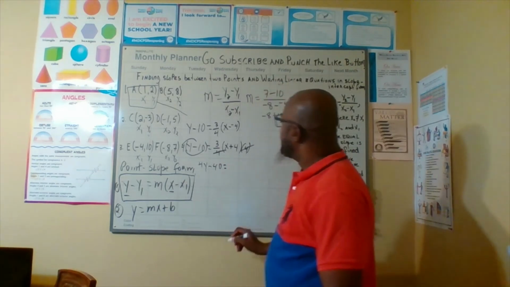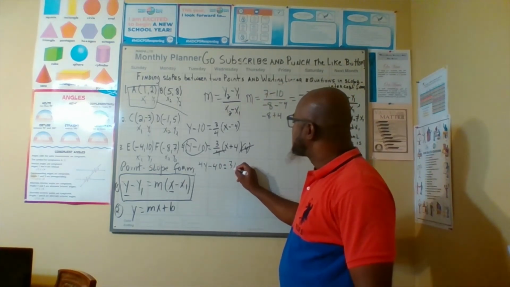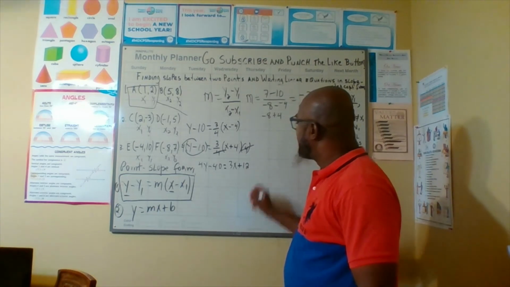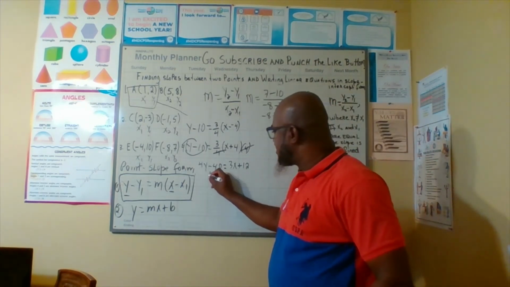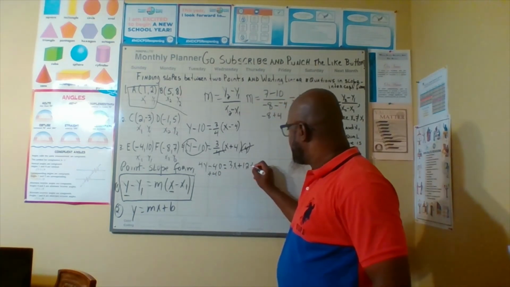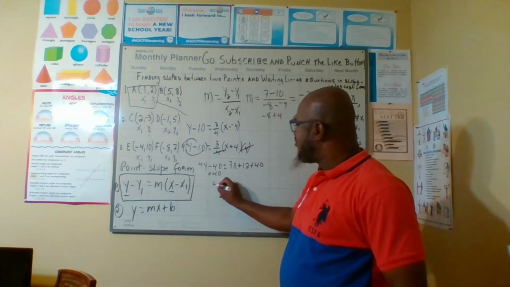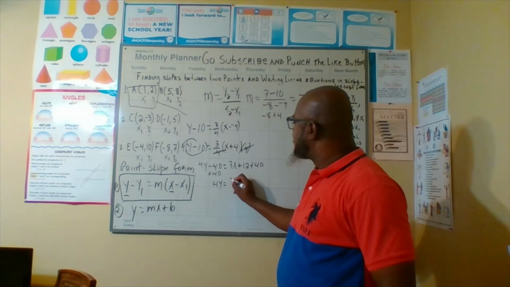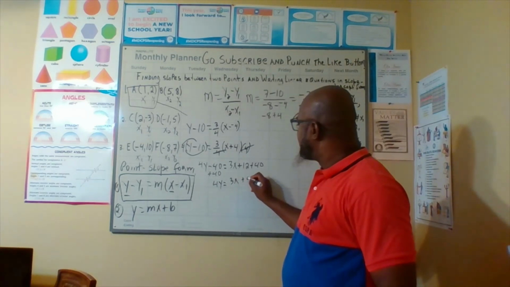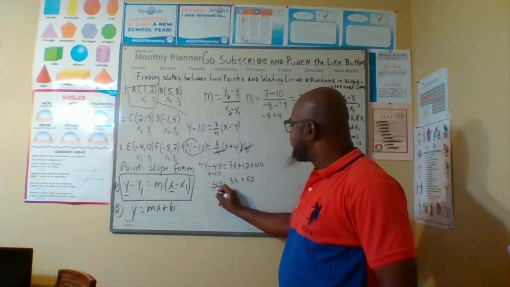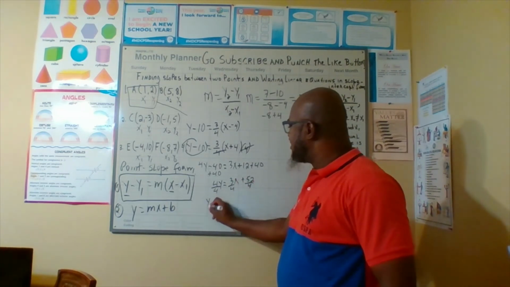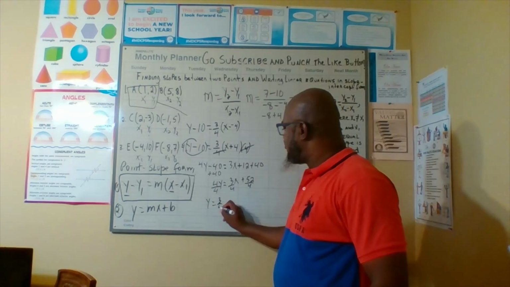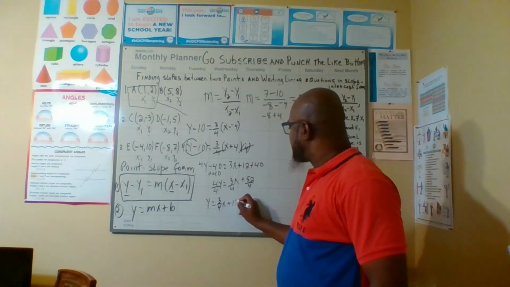I will have 4y is equal to 3x plus 52. And you divide by 4. You will have y equal to 3/4 x plus 13. 4 goes into 52 13 times. That's point-slope form.